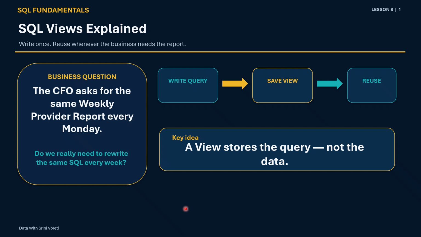One important sentence remains true for a normal SQL Server view: the view stores the query definition, not a separate copy of all the result rows. Later in this lesson, I will also briefly explain indexed views because they are an important SQL Server exception to the simpler beginner's mental model.